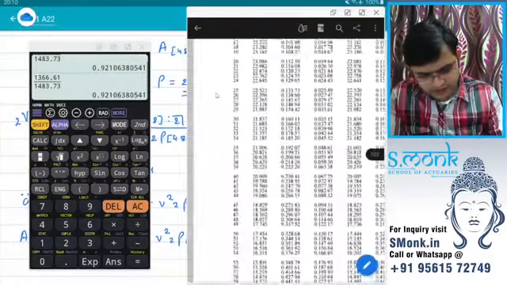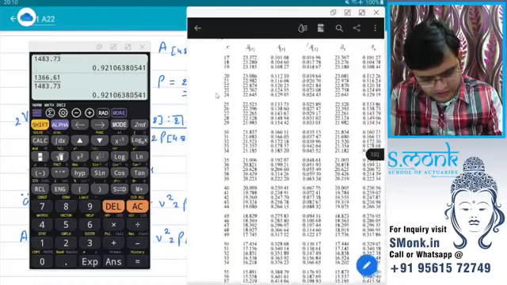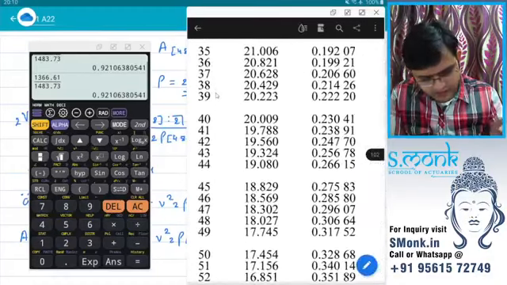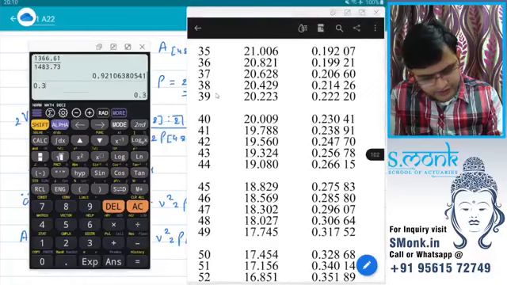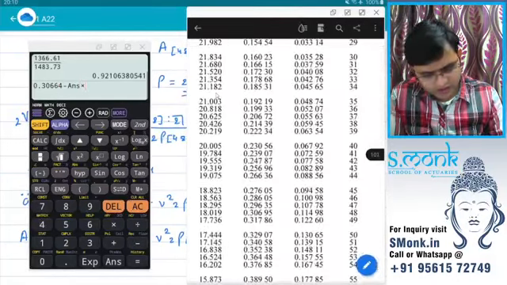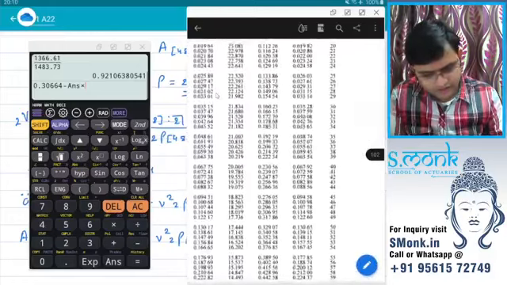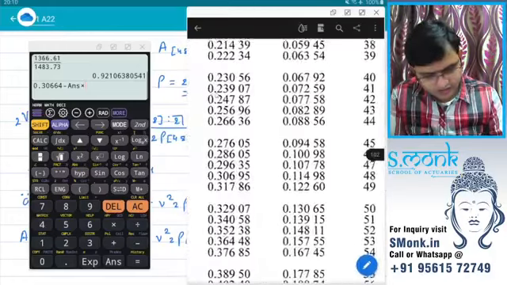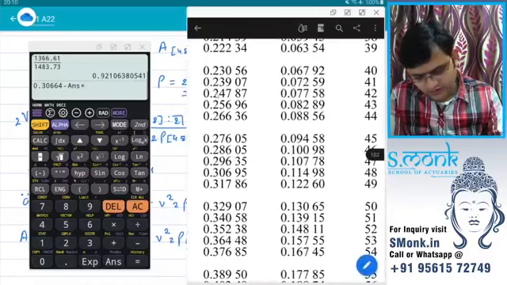A select 48 will be 0.30664 minus the answer into A 50, which gives 0.00354553.